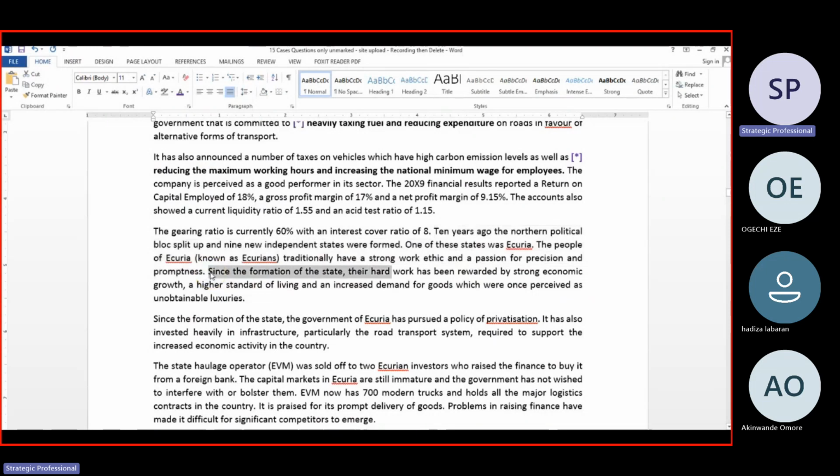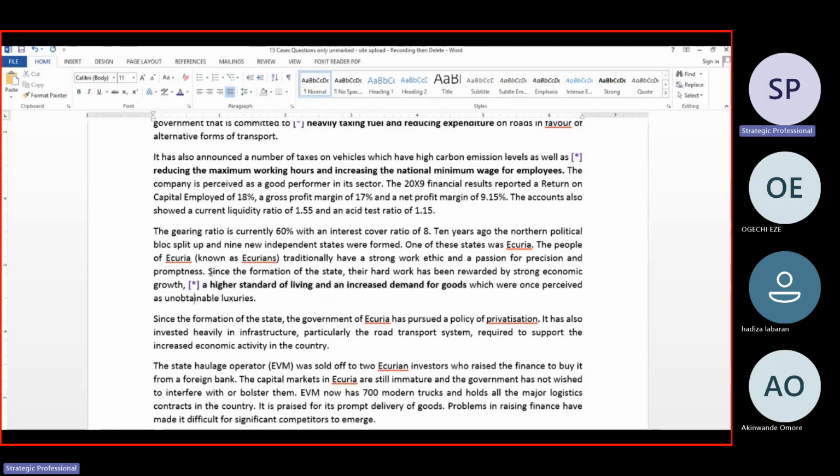Since the formation of the state, their hard work has been rewarded and there is a high standard of living. So that is an important point. We don't know why it's an important point, but still we'll mark it. It's a high standard of living and increased demand for goods is also growing.